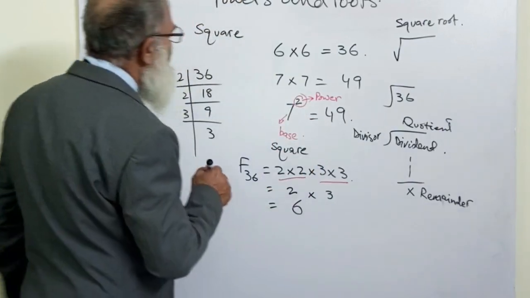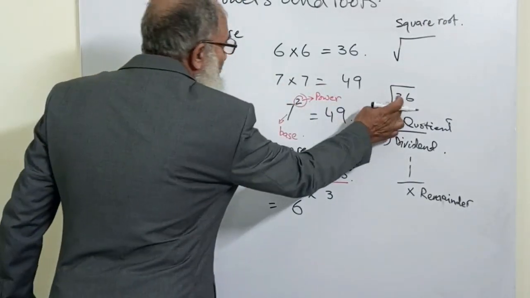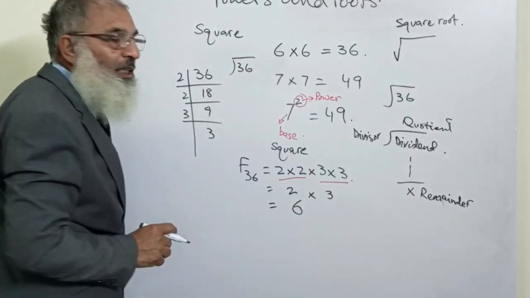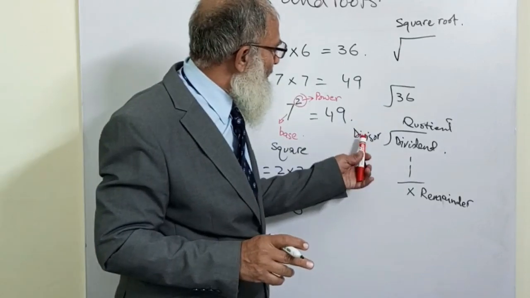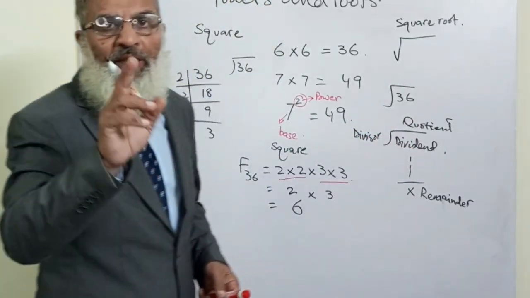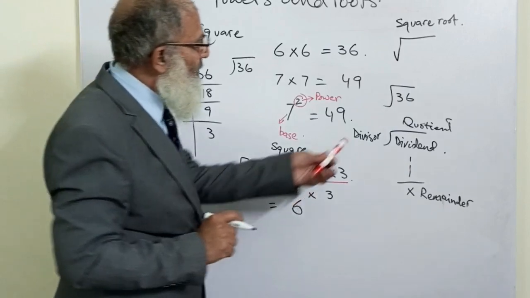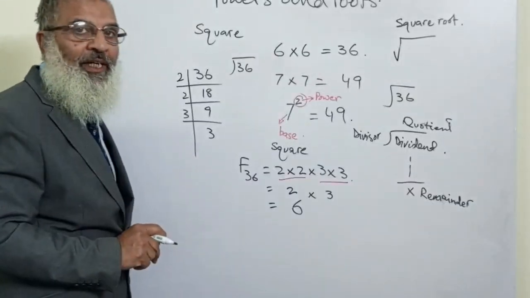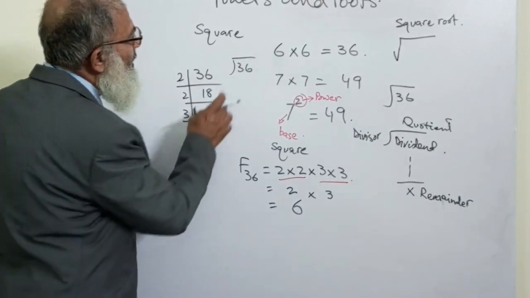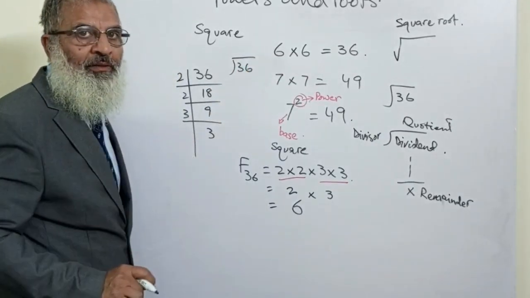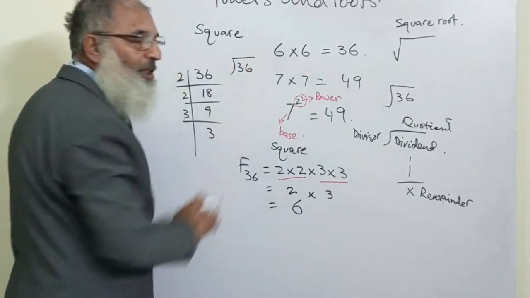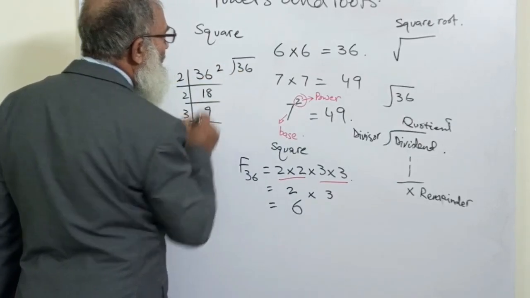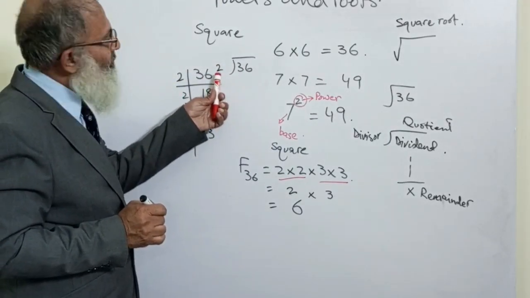So what I told you about this condition is that we have to find such a number. Now the condition is what? The condition is that divisor and quotient should be the same number. We have to find the same number which is closest to 36. For example, let me take 2.